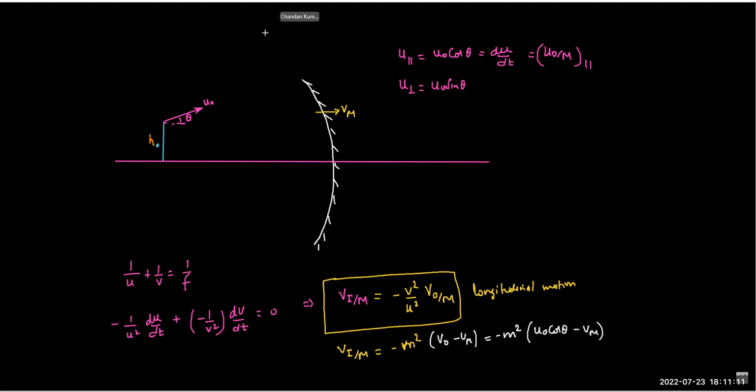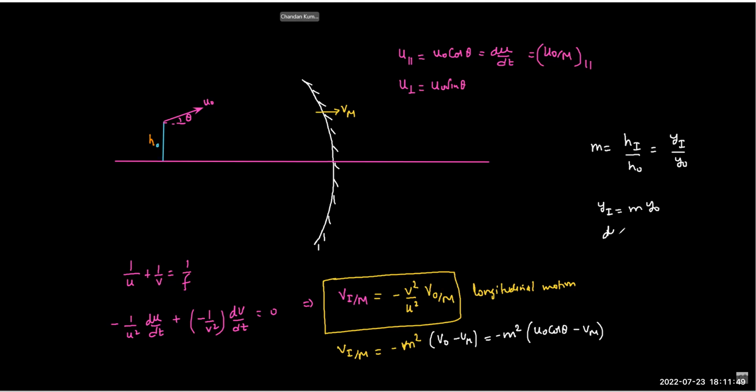Yes, sir. And for the other motion, like the transverse component, we use the magnification formula, which says that it is the height of the image upon the height of the object. The better way of writing would be, because object height is let's say fixed or maintained, y_i is basically magnification times y naught.